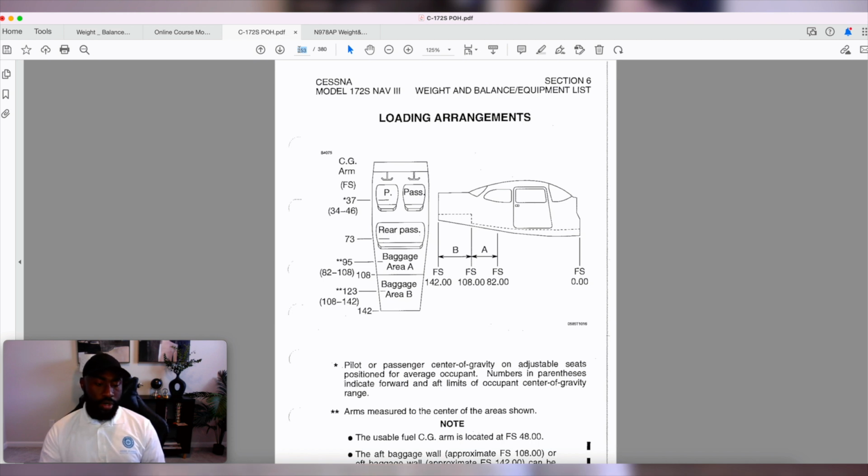So in this aircraft, we do have about 53 gallons that we can use for full fuel tanks. So come down here and check the specifications of what we have.